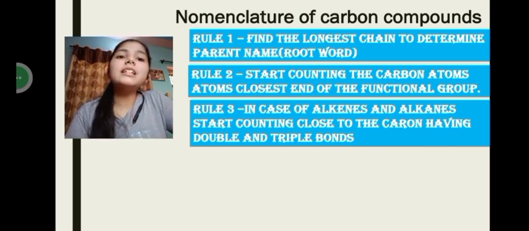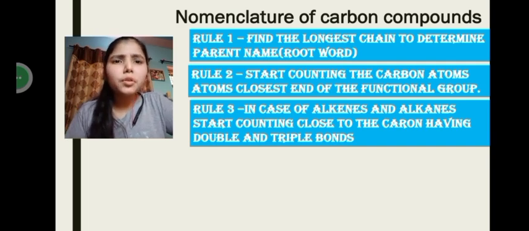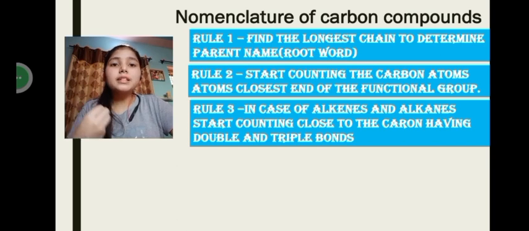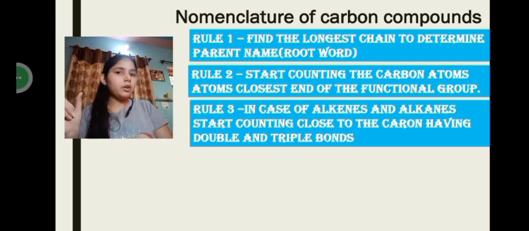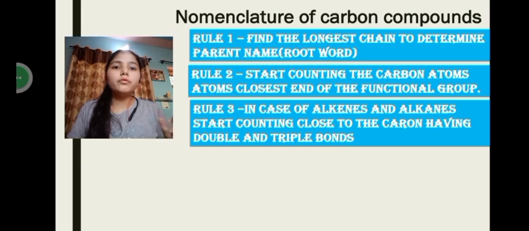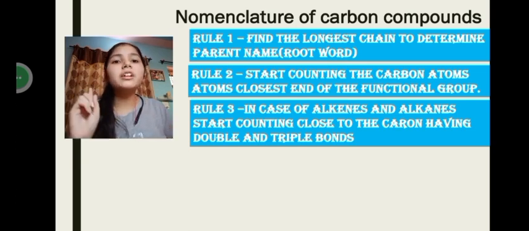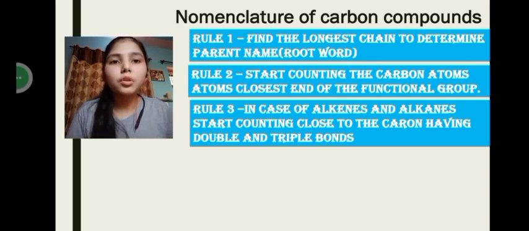So alkenes and alkynes. Alkenes are carbons having double bonds, and alkynes are carbons having triple bonds. If a parent chain contains double bonds and triple bonds, how can we put numbering? If there is no functional group, then prioritize your unsaturation point.